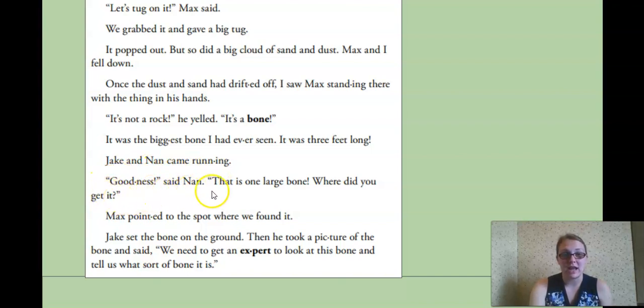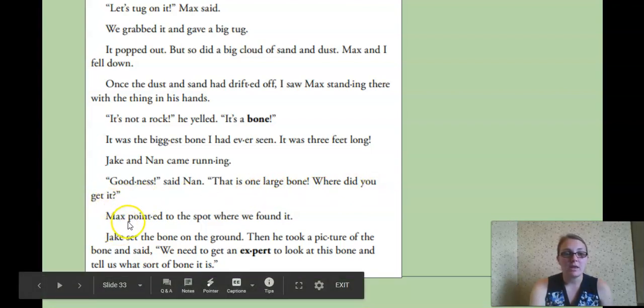"Goodness," said Nan, "that is one large bone. Where did you get it?" Max pointed to the spot where we found it. Jake set the bone on the ground. Then he took a picture of the bone and said, "We need to get an expert to look at this bone and tell us what sort of bone it is."